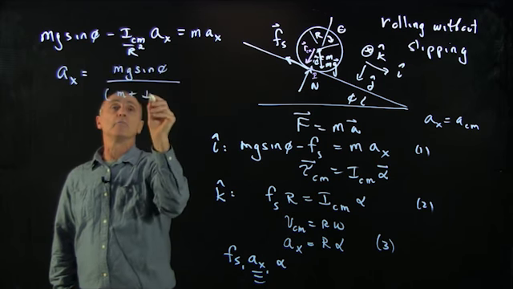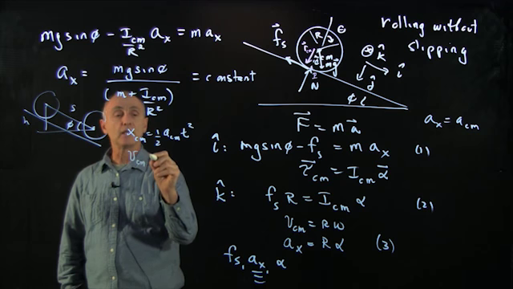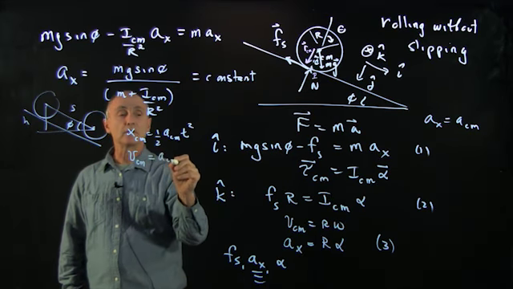Now, ax is a constant. And from our kinematic equations, if our object is moving a distance s as it drops a height h, we know from kinematics, and we could work this out, that xcm is 1/2 acm t squared, and we know that the velocity vcm equals acm times t.